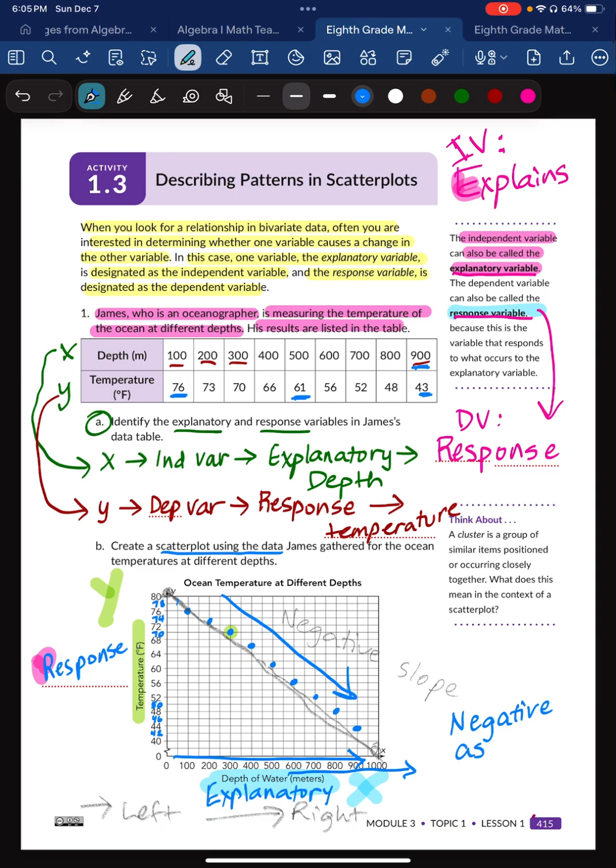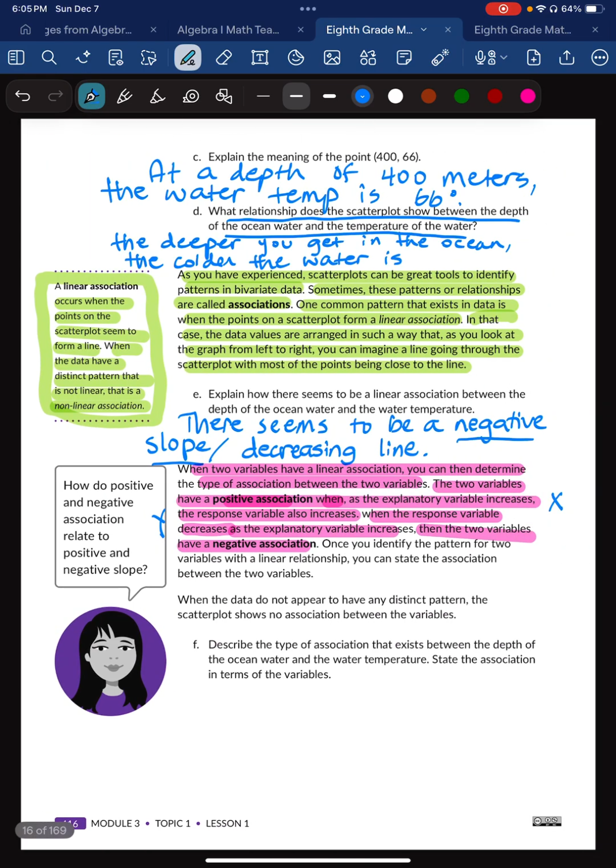A negative association is just like saying a negative slope. If we read from left to right and we're going down, it's going to be a negative association. Once you identify the pattern for two variables with a linear relationship, you can state the association between the two variables. When the data do not appear to have any distinct pattern, the scatter plot shows no association.